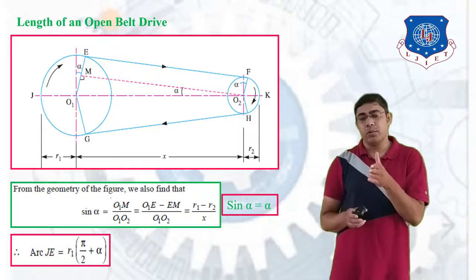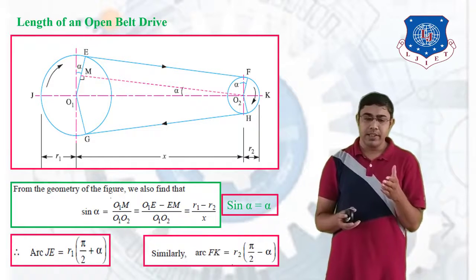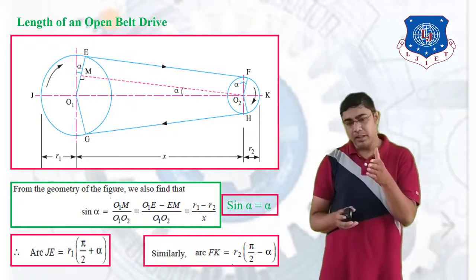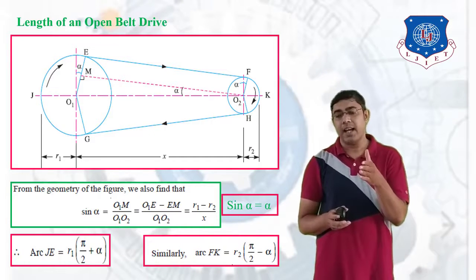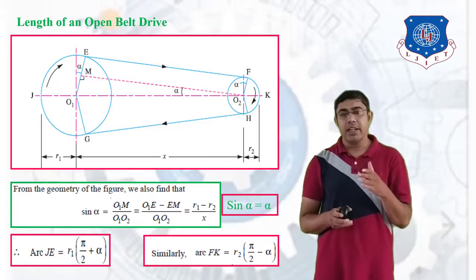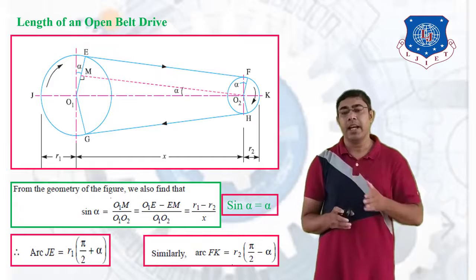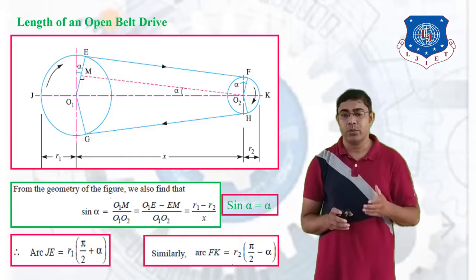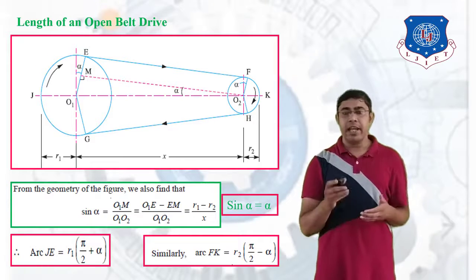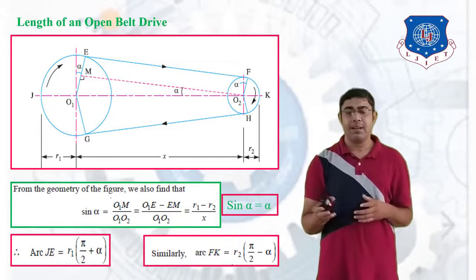Similarly, for arc FK, the angle theta is pi by 2 minus alpha and the radius is R2. So we get arc FK is equal to R2 into pi by 2 minus alpha.